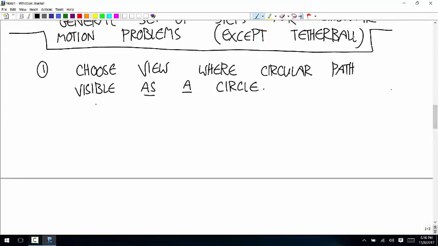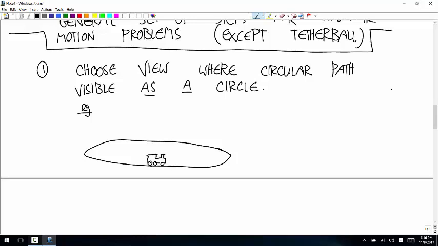So, for example, if you're doing a problem where here's a toy train going around a little train set, the view you want would be looking down from above or looking up from below.